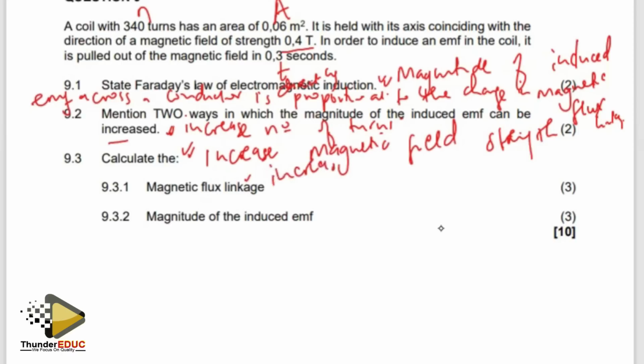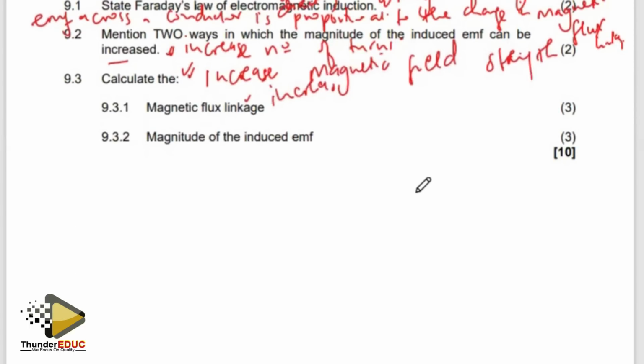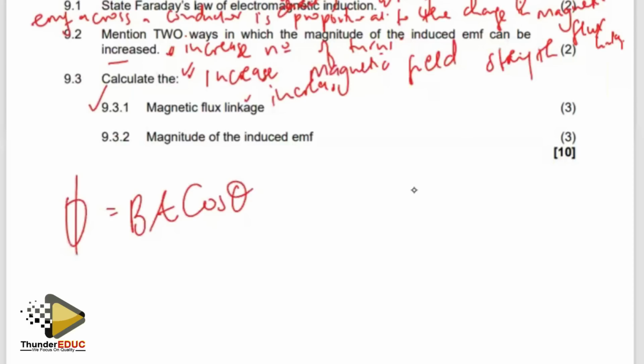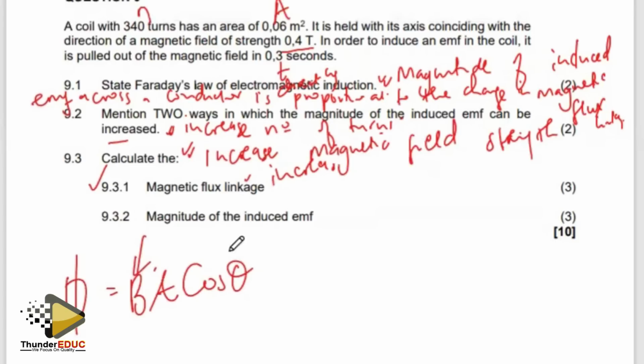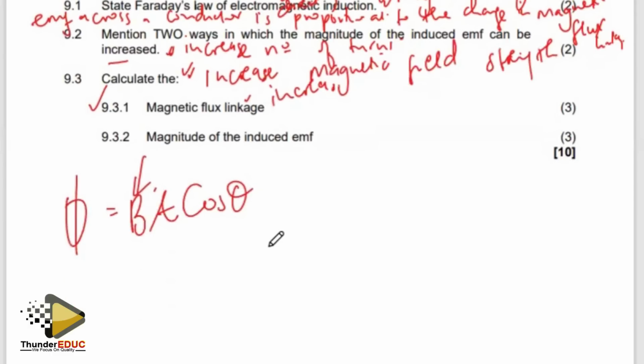Then 9.3.1, they want us to calculate the magnetic flux linkage. So magnetic flux, known as phi, must be given as BA cos theta. So we know that B is the magnetic field strength, A is the area, and theta will be the angle of interest.